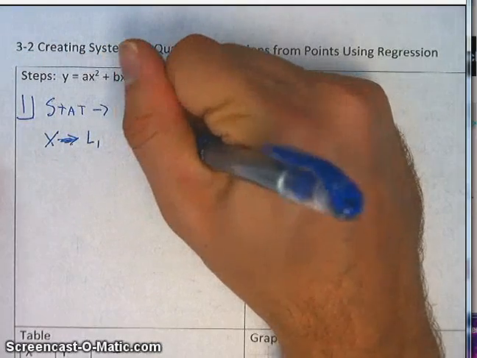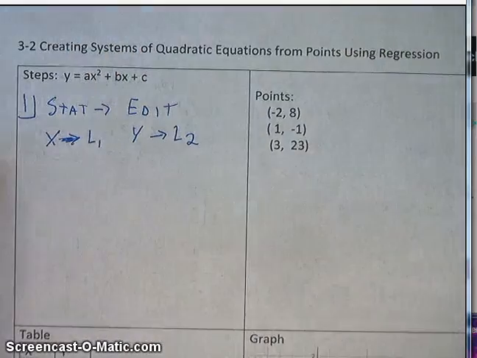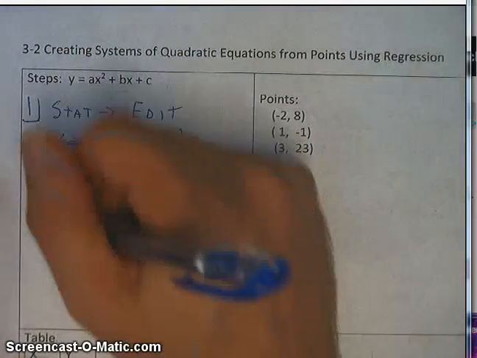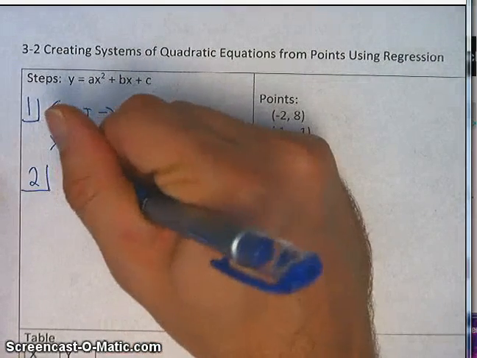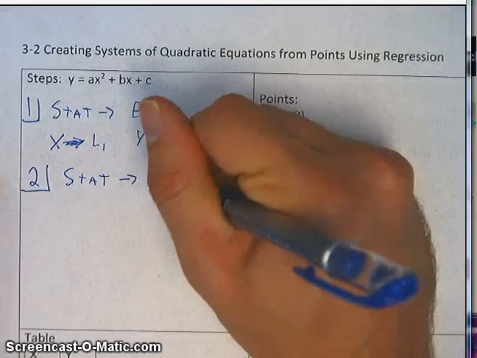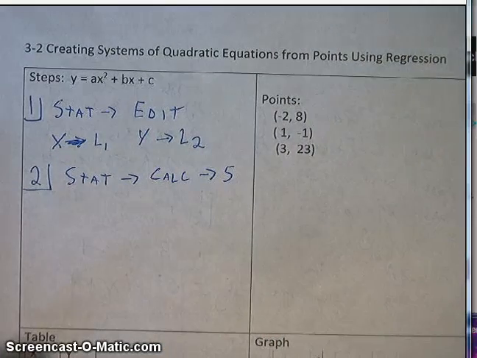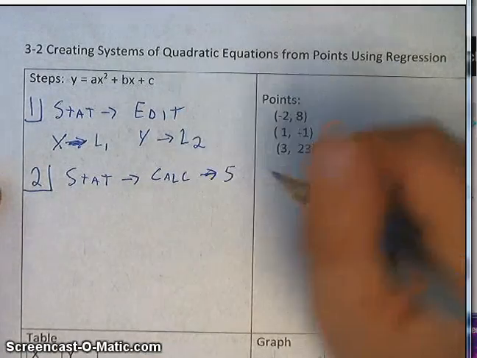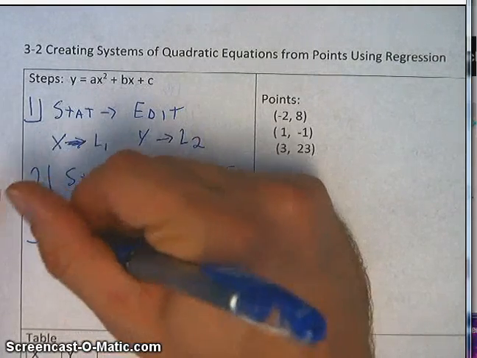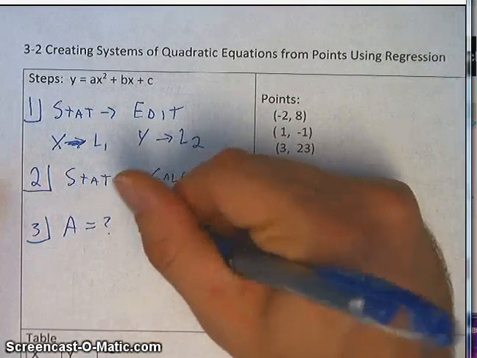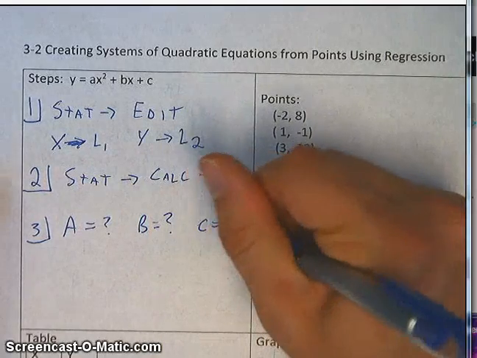And the y's go into list 2. And then from here, you're going to do stat calc 5, which is quadratic regression. And it's going to tell you your A, your B, and your C.